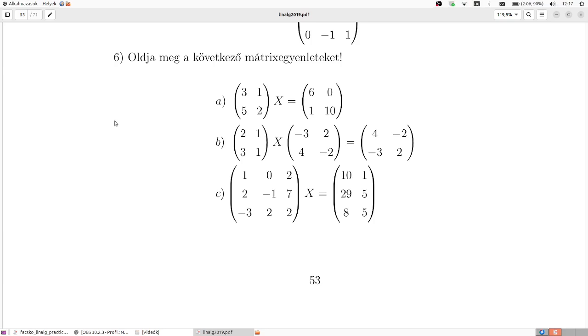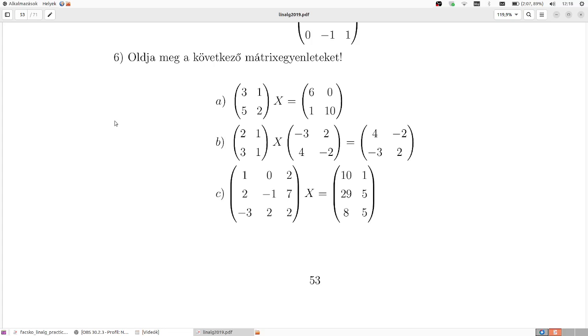Okay, so first step, let's check the subdeterminants. Here, the subdeterminants here, that's 3, here, that's 1, here, that's 2. It's trivial here, it's a 2 times 2 determinant, so it's not a problem.